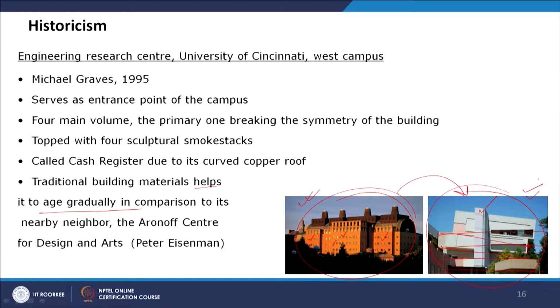So in the postmodern movement there are different ways of doing ornamentation within the same campus. The way Peter Eisenman and Michael Graves design buildings is very different. In Peter Eisenman's case the building tries to look futuristic, and in the other case it takes a historic depiction.